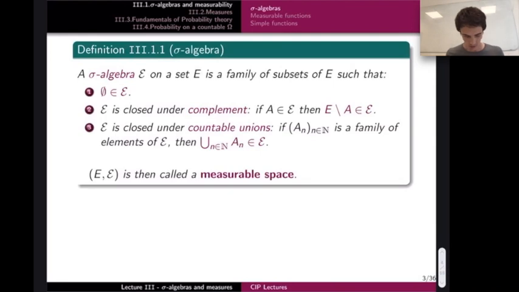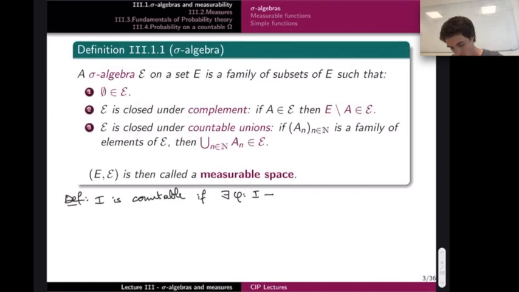Just a few things here which are quite important. First, remember what countability means. This is a reminder. A set I is countable if, by definition, there exists phi from I to N which is a bijection.